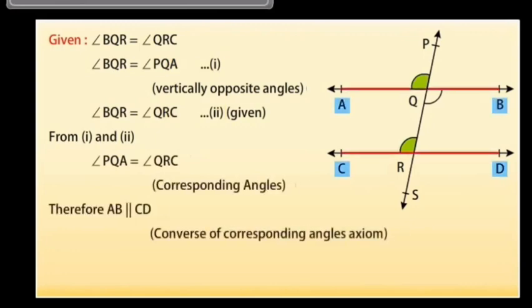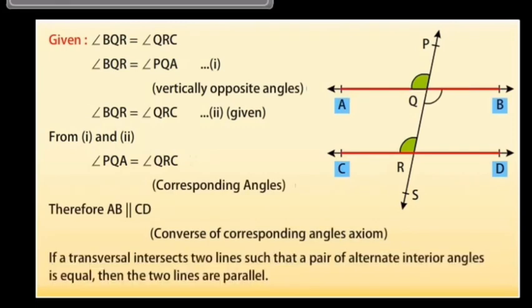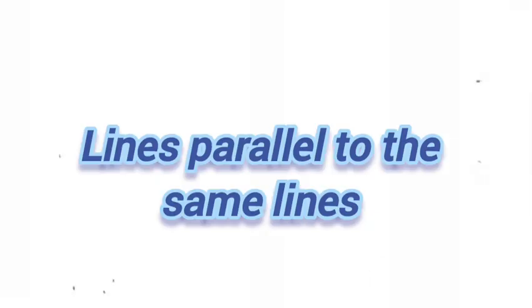Therefore AB is parallel to CD. This is the converse of the corresponding angles axiom. So we can say that if a transversal intersects two lines such that a pair of alternate interior angles is equal, then the lines are parallel. Next, move on to lines parallel to the same line.